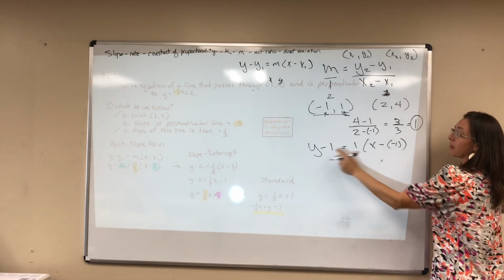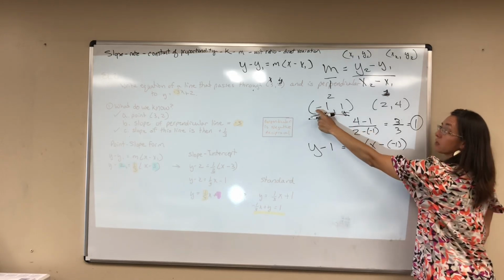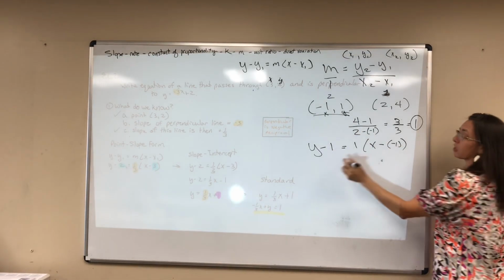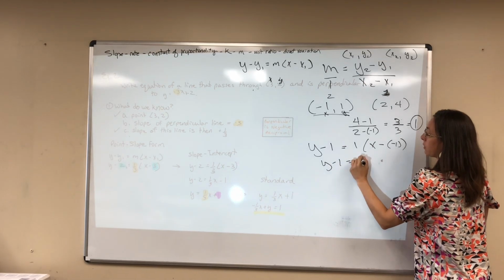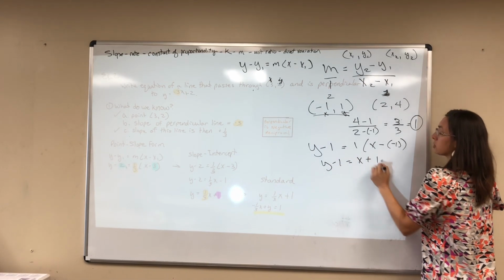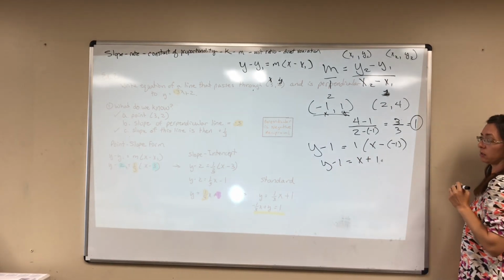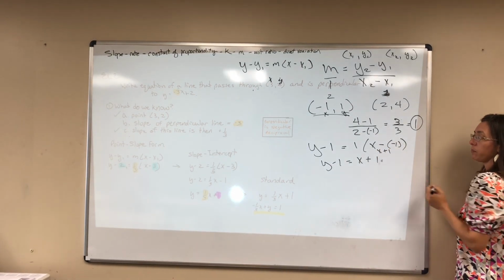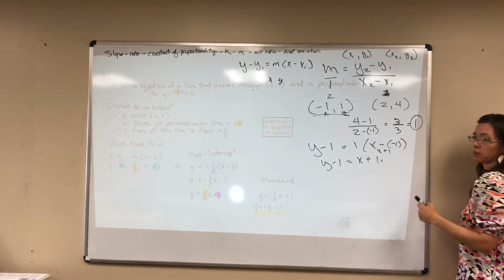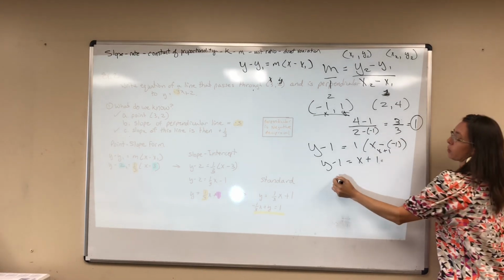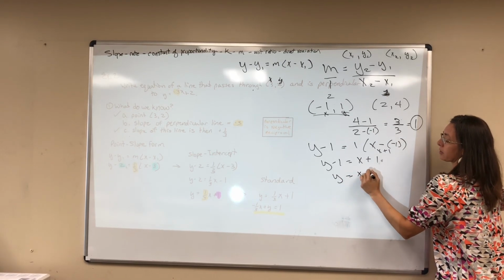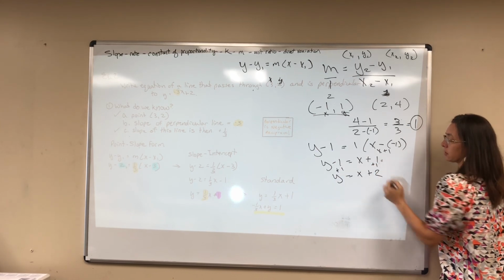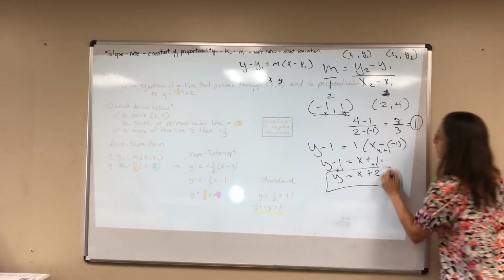Minus is a part of the equation, negative 1 is our actual coordinate, so I've used the parentheses there. So we've got y minus 1 equals x plus 1. Do you agree this turns into x plus 1? Yeah. And the 1 I don't need to distribute. So I've got y equals x plus 2, because we add 1 to both sides. So here's our equation of this line.